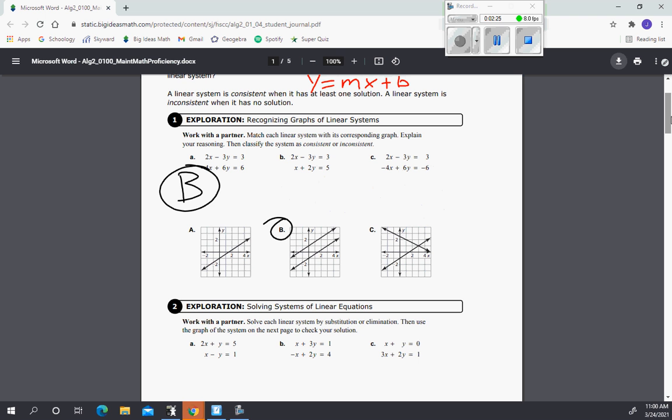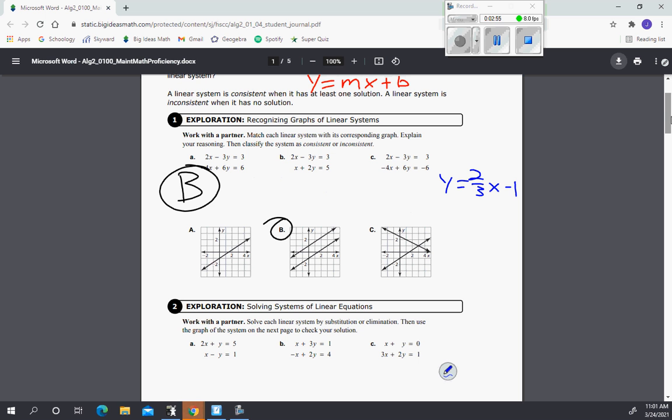The second one, same thing. Okay, I'm just going to take 2x minus 3y equals 3. Get it in slope-intercept form. Negative 3y equals negative 2x plus 3. Divide by negative 3, you get y equals 2/3 x minus 1. I'll write that over here. Okay.